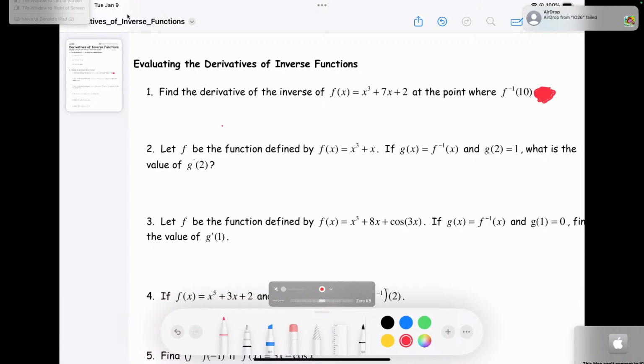That is literally how it happens. Take the derivative, you plug in. Do I need to go over it or no? 1 over 10.